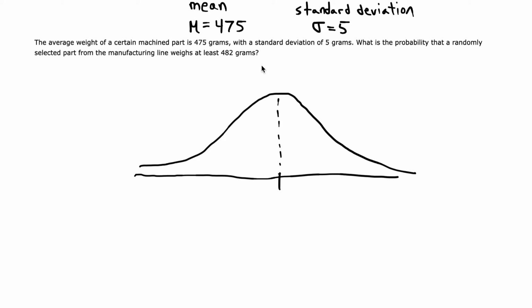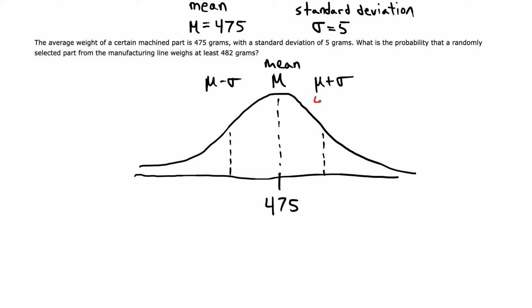Now for a normal curve, we want the mean to go in the middle. So let's put the 475 in the middle. We'll draw one standard deviation above the mean and one standard deviation below the mean, and to calculate those we'll be doing mu plus sigma and mu minus sigma.